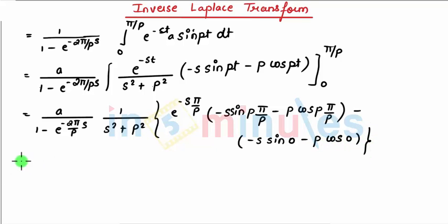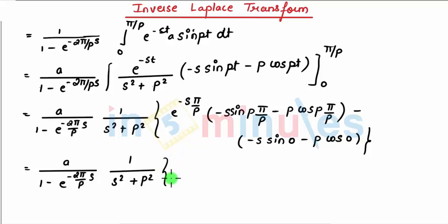So now finally it comes with a divided by 1 minus e raised to minus 2 pi by p s, times 1 divided by s square plus p square, and then I get, I can cancel out p and p, which gives me sin pi is 0, cos pi is minus 1. So let's substitute now, which gets e raised to minus s pi by p, sin pi is 0, the first term is gone, that comes minus p, cos pi is minus 1, that comes plus p again.